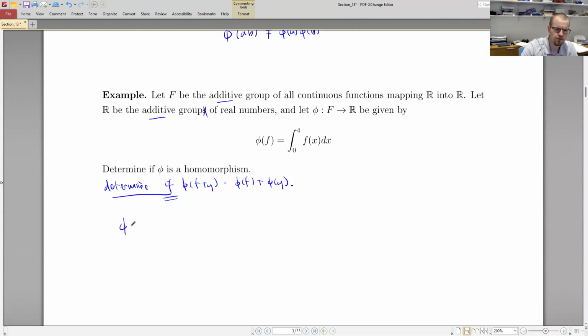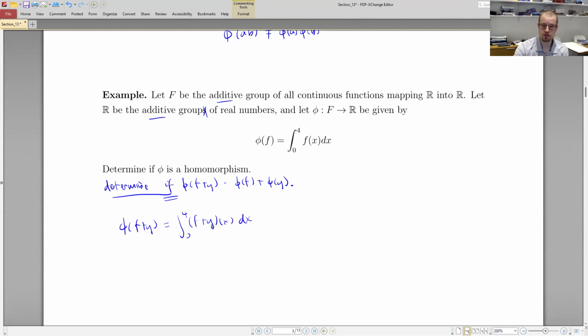All right. So phi of f plus g is the integral from 0 to 4 of f plus g of x. Now remember, this is the appropriate notation in addition here. It's not f of x plus g of x. I mean, it will be, but the function f plus g is f plus g of x.